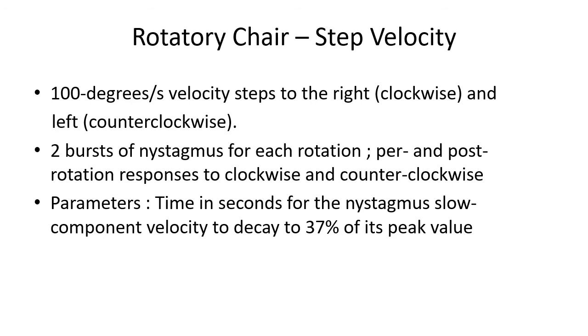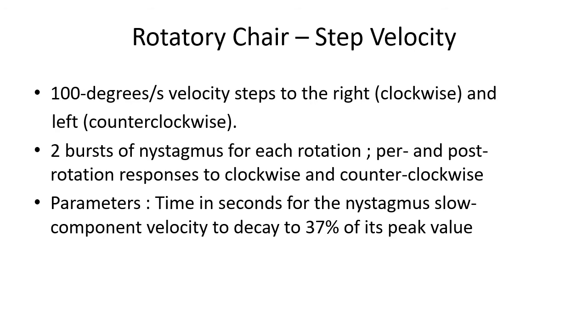Okay, next we look at the second subtest of the rotating chair, the step velocity test. In this test, it involves a rapid acceleration of the chair in one direction with constant speed for 1 minute, and then an abrupt deceleration of the chair.